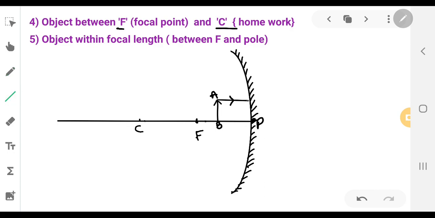So the ray parallel to the principal axis after reflection passes through the principal focus. This is the first reflected ray. The second incident ray we are taking is one whose direction is passing through the center of curvature.